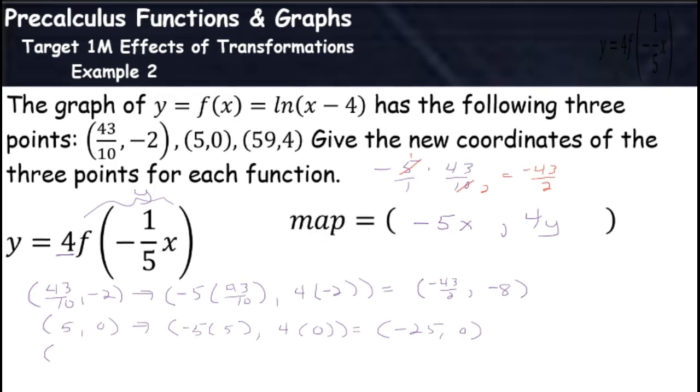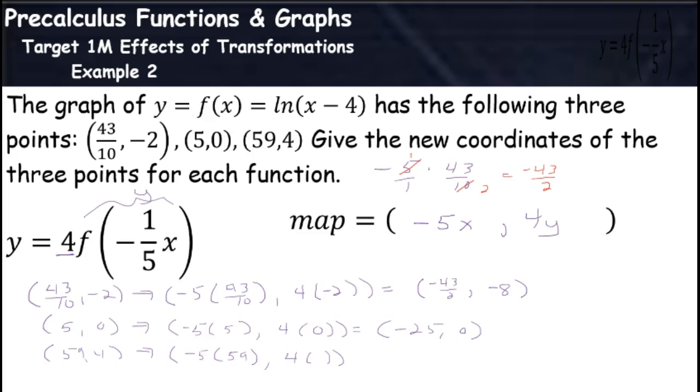Okay, and then 59 and 4. So I get -5 times 59, and then 4 times 4. Oh, sorry, not 4 times 0. Y is actually 4.